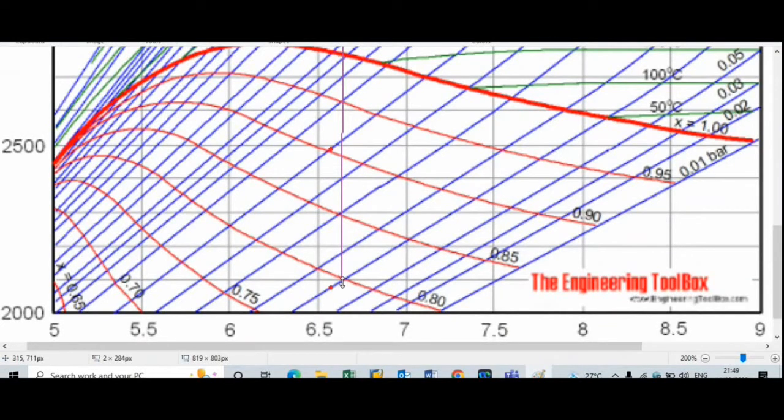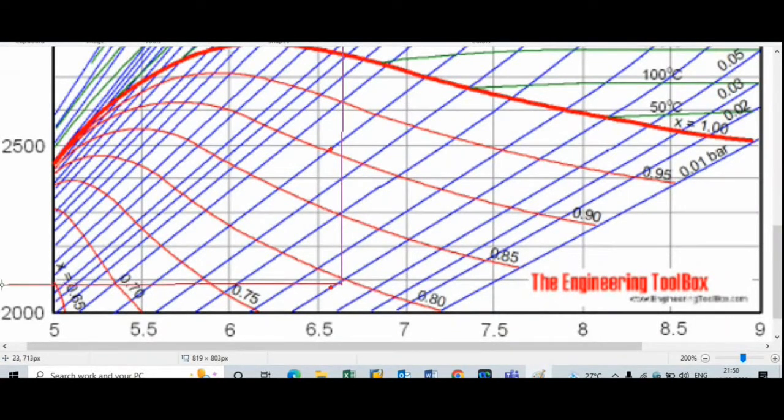Now how to find out the enthalpy at this point? For that we will again draw one horizontal line passing through this selected point. Since the expansion is isentropic, this point will be 2 dash. Now to find out the enthalpy, we will draw here one horizontal line.